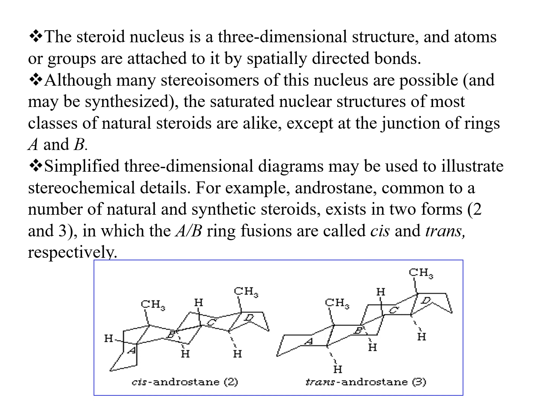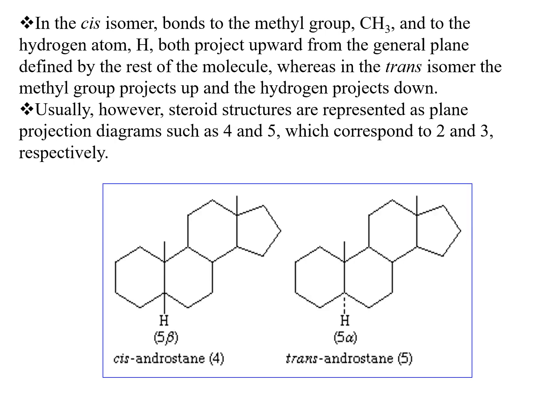For example, androstane, common to a number of natural and synthetic steroids, exists in 2 forms, cis and trans, in which the A and B ring fusion is in cis or trans conformation. This is the conformation of the 3-dimensional stereochemical structure of steroids, especially for androstane.